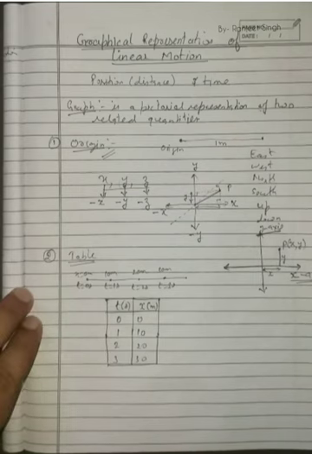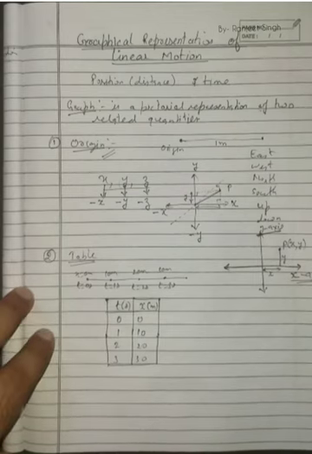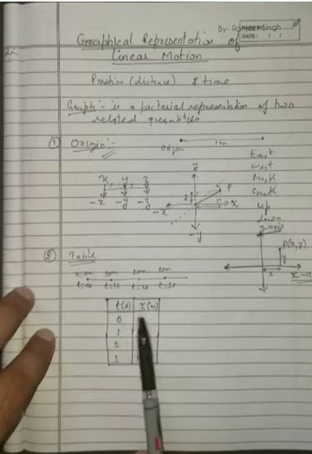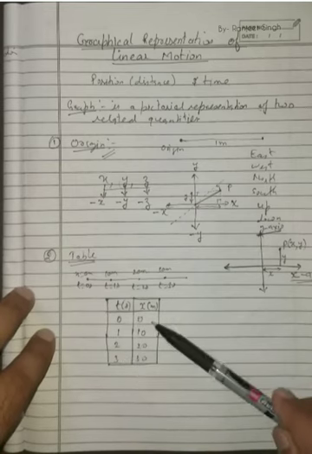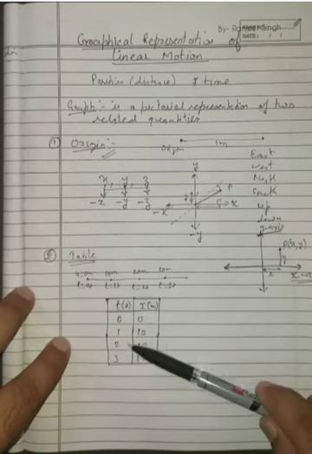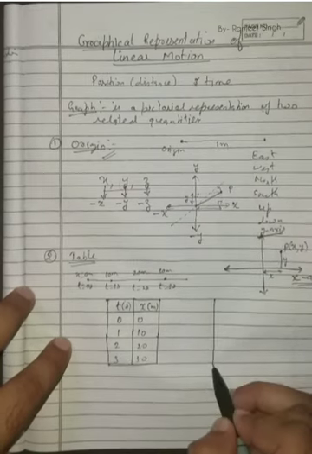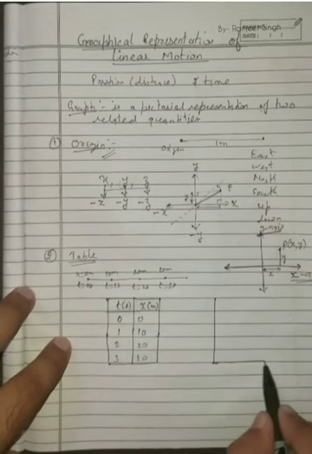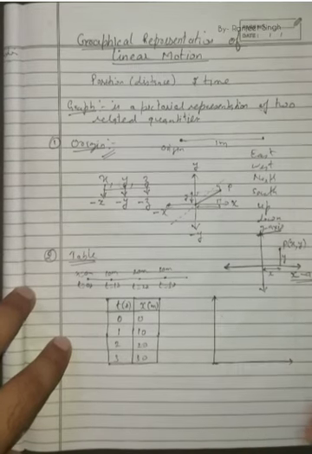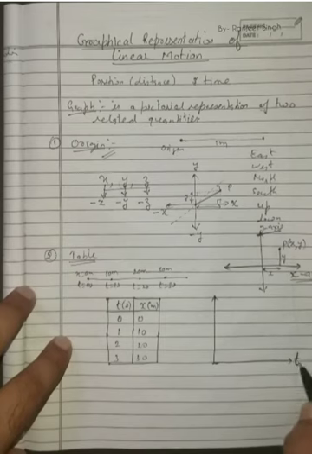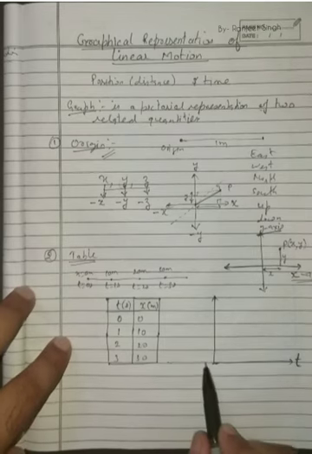Now how do we represent this on the graph? Looking at this, once again 2 things are changing. If the body is changing its position, then time is also changing. So for this, I'm taking time on the x-axis, which is why I have not drawn on the left side.